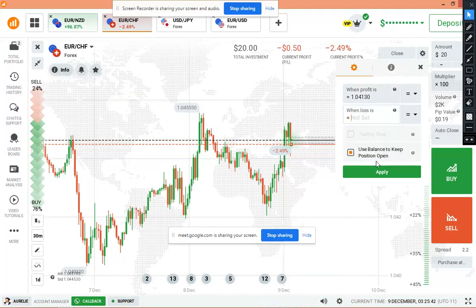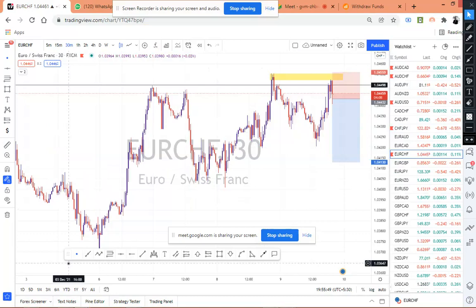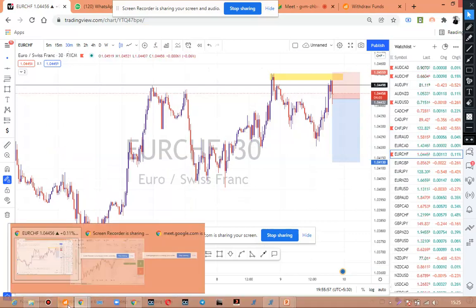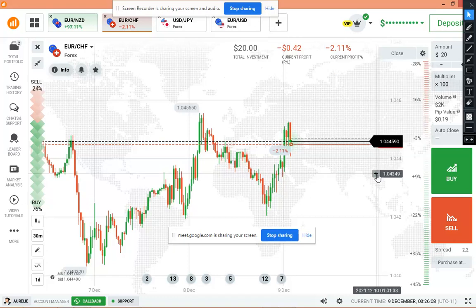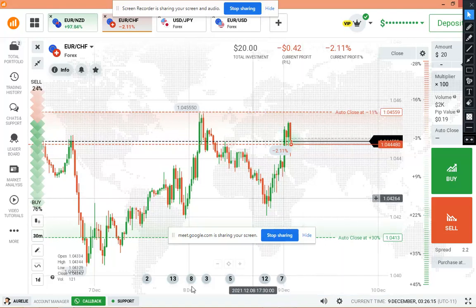My stop loss level, 1.04559. So this might take profit 30 pips.